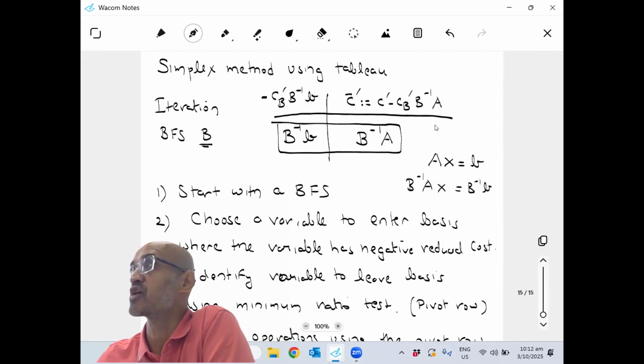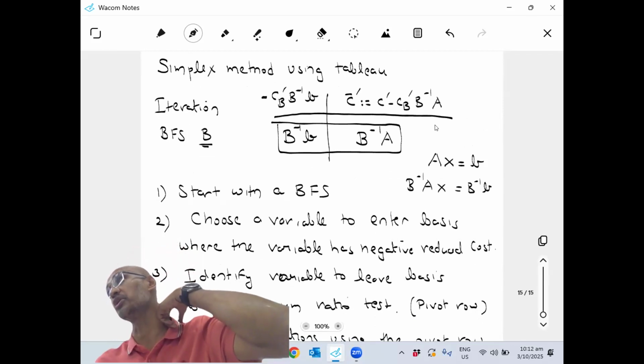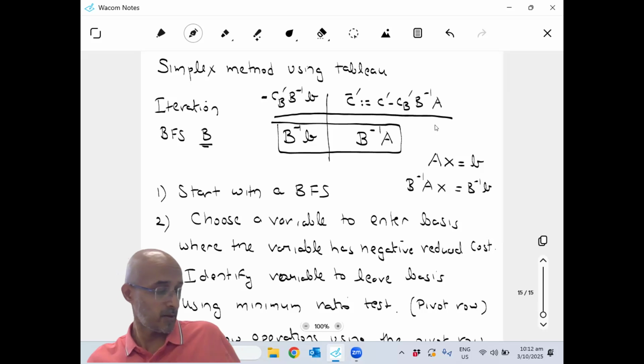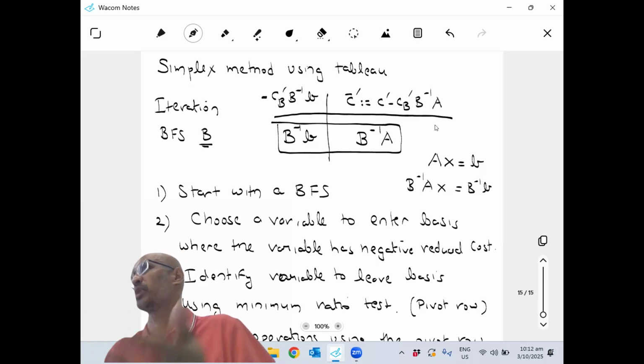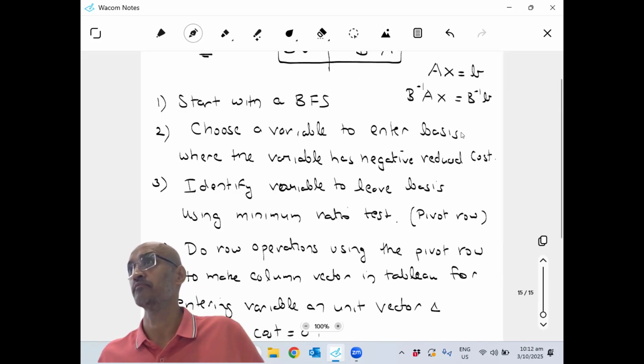So at every iteration, we are doing a pre-multiplication by a B inverse matrix. This is what is being stored here, essentially. Any questions with the broad algorithm? We'll do an example, it'll get concrete then. Any questions with the algorithm broadly?